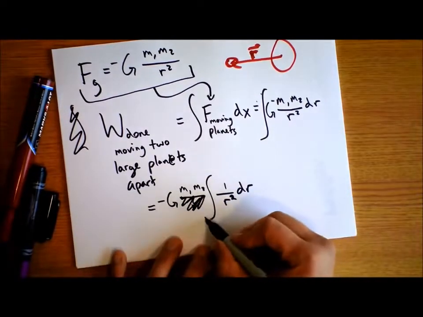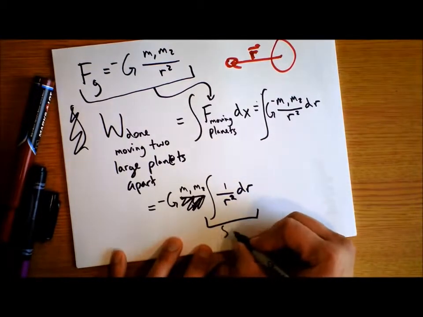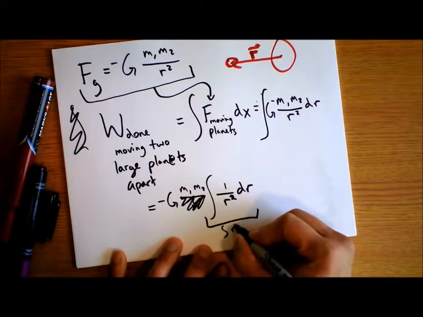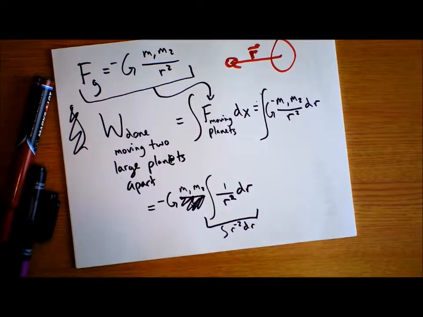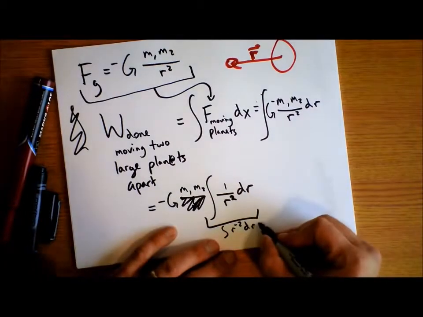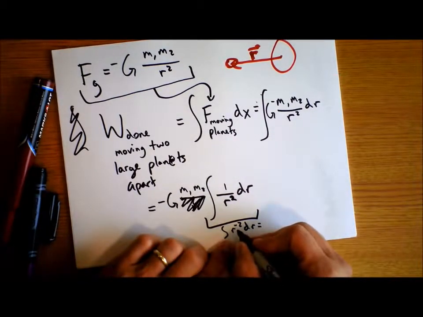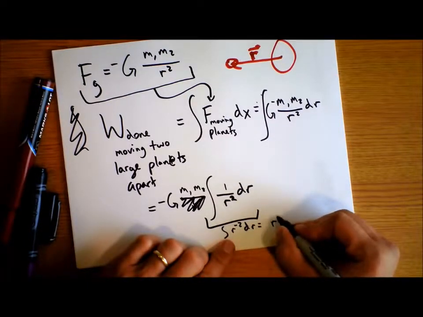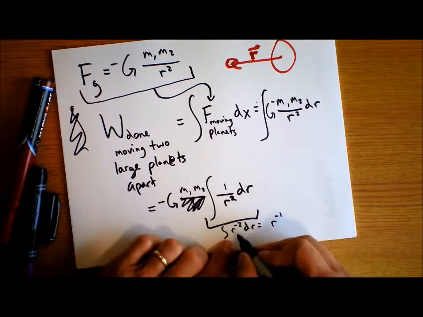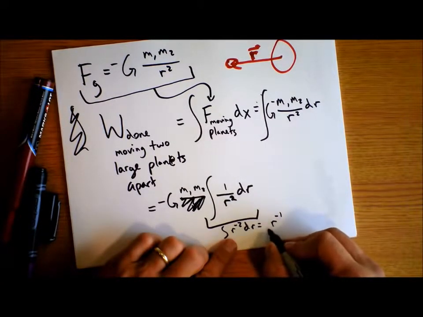This integral is simply the same thing as the integral of r to the negative 2 dr. And you know how to deal with r to any power, right? We raise the power of r, so I get r to the negative 1, and then I need to divide it by the new power of r.